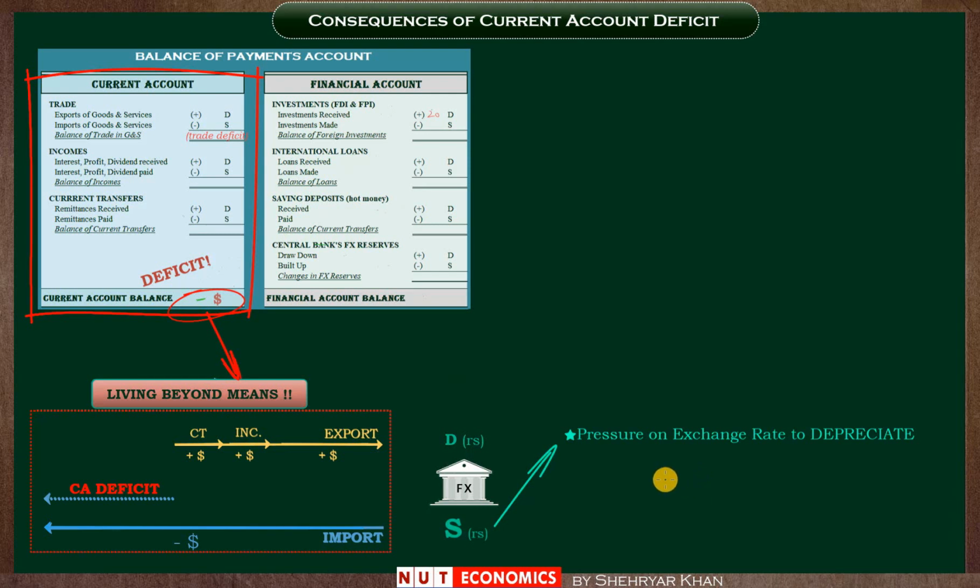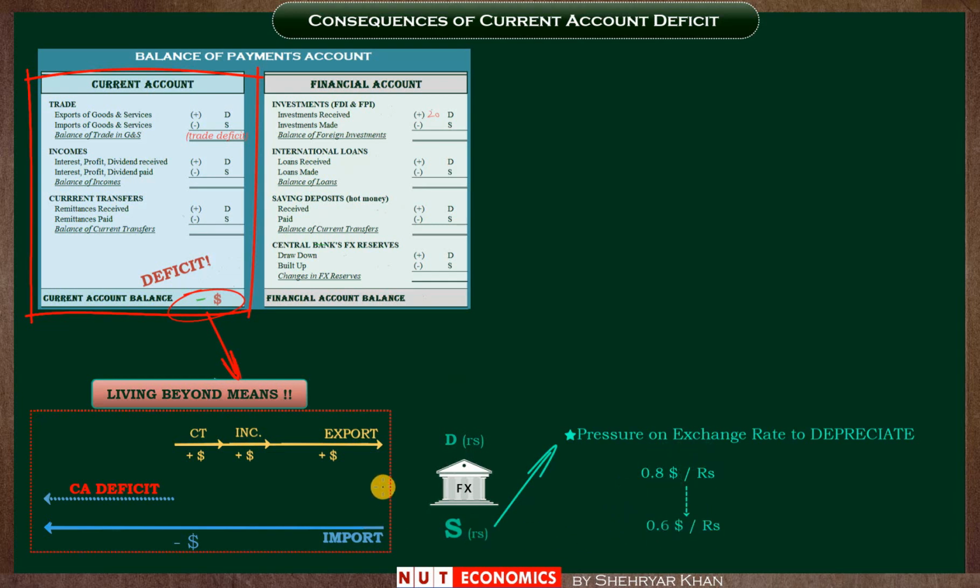So let me give you an example to make things more concrete. Let's assume Pakistan starts the year with an exchange rate of $0.8 per rupee. This exchange rate is simply the price of the rupee in terms of another currency. So when your current account deficit creates excess supply of rupee, then the price of the rupee, this exchange rate, will be under pressure to fall in value, to depreciate to, let's say, just $0.6 per rupee.